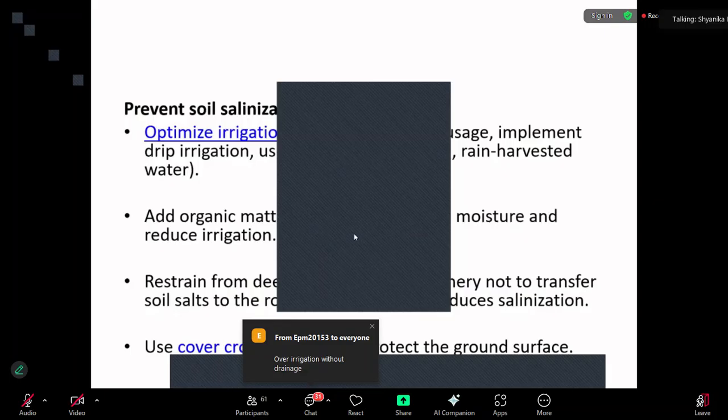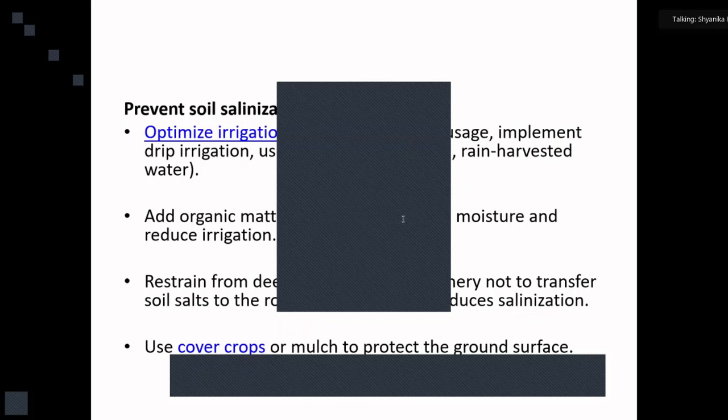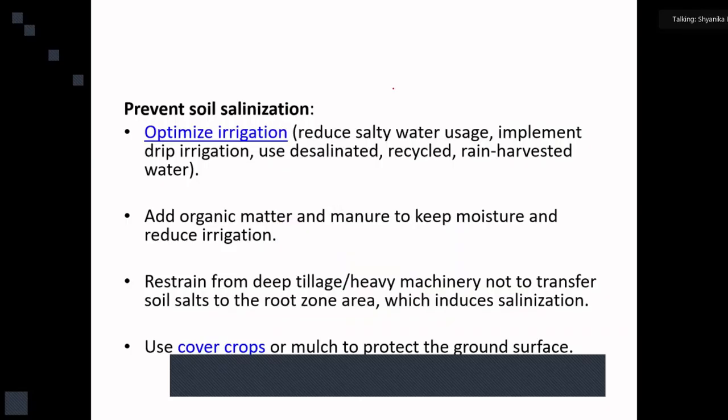Over-irrigation without drainage, that happens because of... Irrigation with saline water, it's the main cause. Okay. So what do you mean by soil salinization then? Soil salinization means increasing the soil salinity.